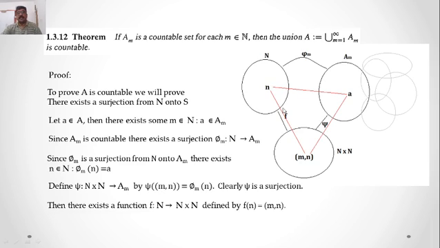Then there exists a function F from N to N cross N, where F of n is equal to this (m, n). Now imagine psi composition F. Clearly it is a surjection from N to A. Hence, the union of the A_m is countable.